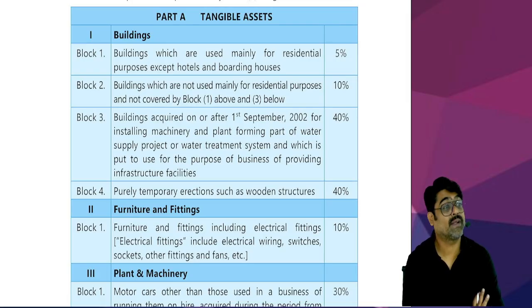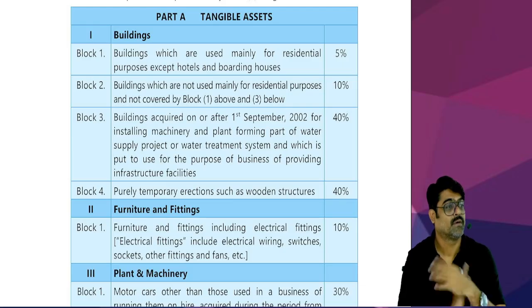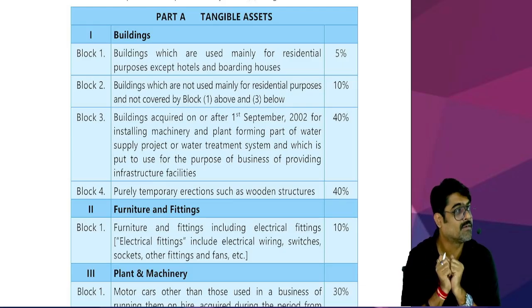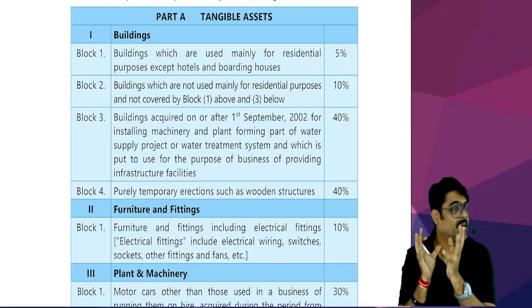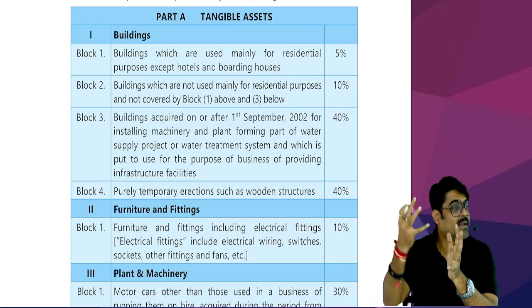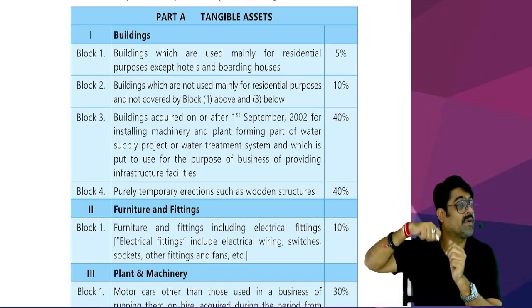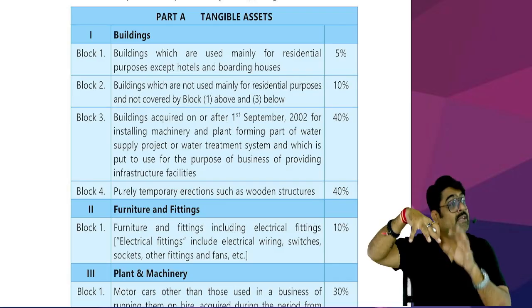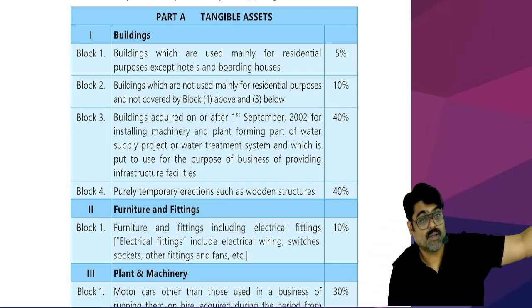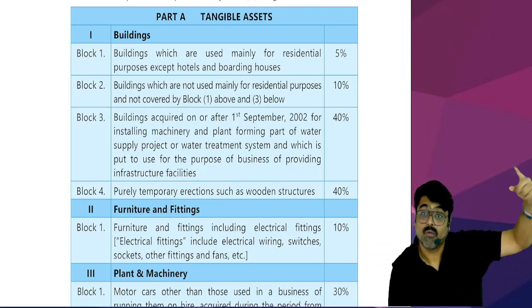Do you remember one example I gave? I went to audit Ultratech Cement. Birla company is running a cement factory, and just opposite to that cement factory, they have made one big township.